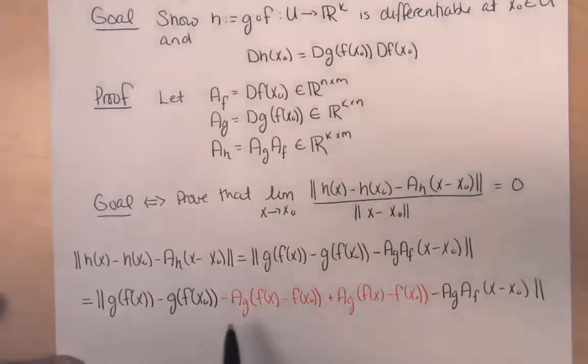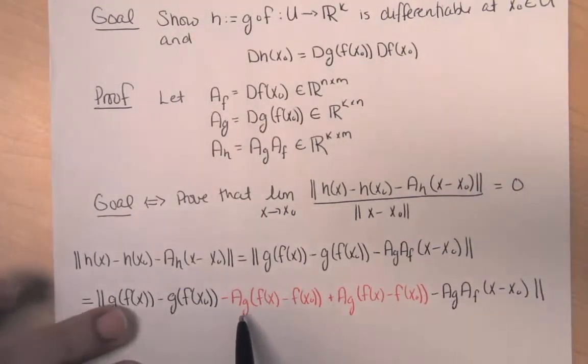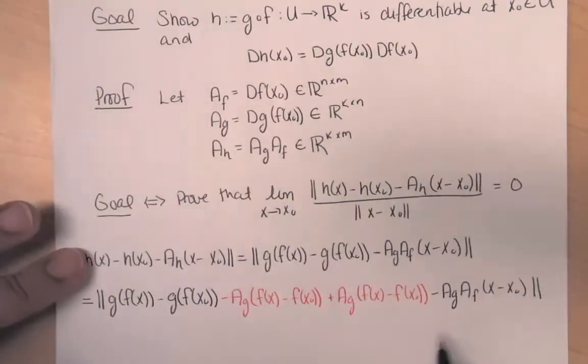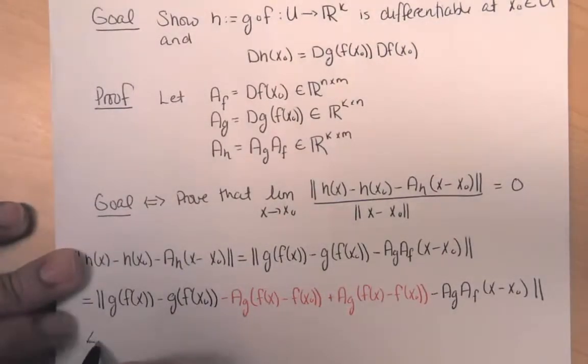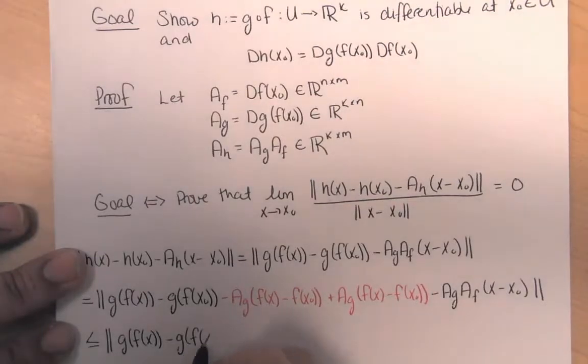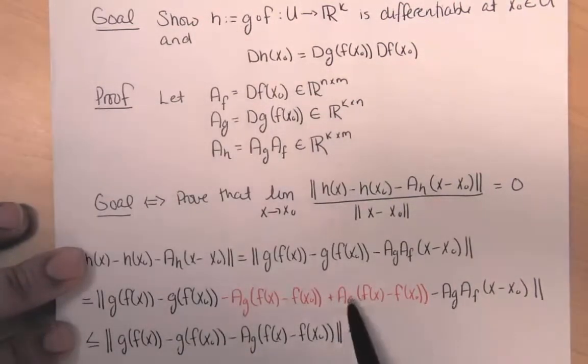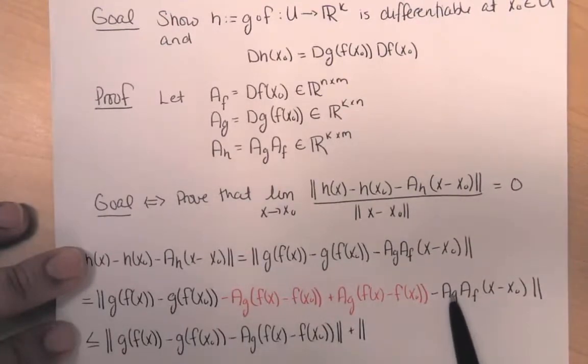First, let's split up what looks like a derivative of g statement numerator, and what looks like the numerator of a derivative of f statement. The triangle inequality says this is less than or equal to... Notice that there's an AG in both terms, and because it's a matrix, it can be factored out.